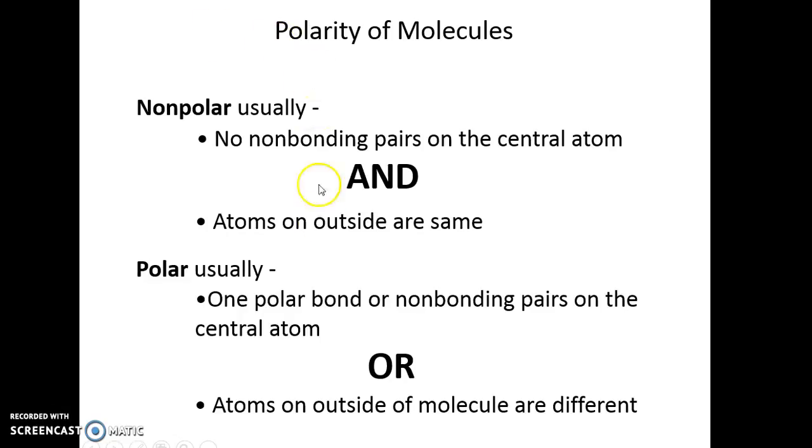If you have all the atoms on the outside being the same, and there are no non-bonding pairs on that central atom, notice it's the central atom, then it's going to be nonpolar. But if the central atom has a non-bonding pair, or if the atoms on the outside of that central atom are different, well, then it's going to be polar.